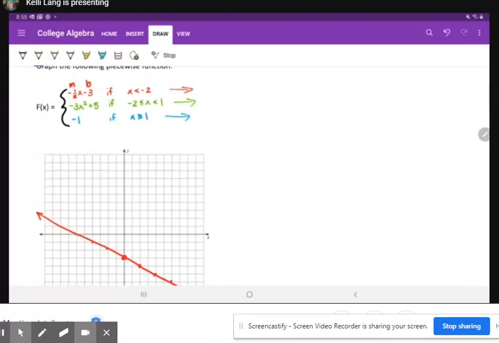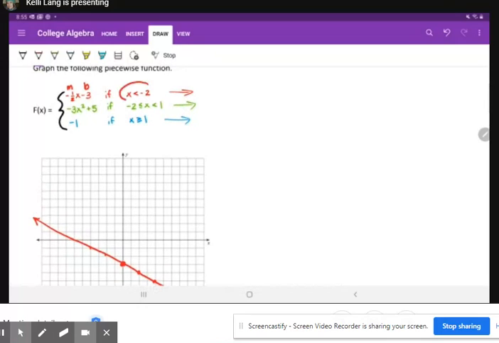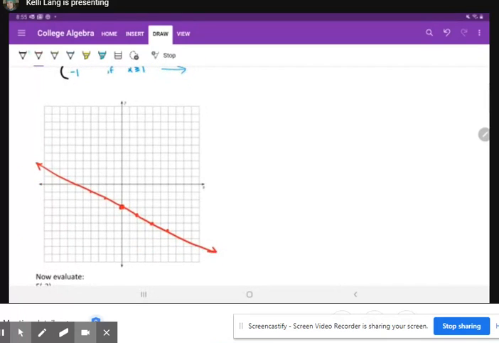This line applies only when x is less than negative 2. Well, this is negative 2 right here. So that's going to be to the left of the black line that I just drew. So x is less than negative 2 is going to be basically from here over.